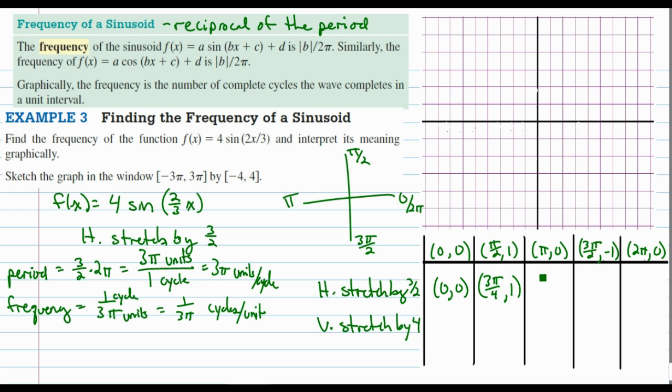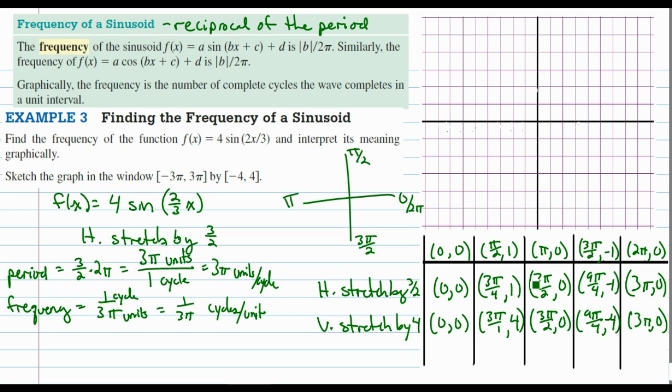This one is 3 pi over 2, comma 0 still. 3 pi over 2 times 3 over 2 is 9 pi over 4. This is getting weird. And then 2 pi times 3/2, oh, that's better. The 2's cancel, so that's just 3 pi, comma 0. Now I have to vertically stretch each of those by 4. That's the easy one: I just multiply the y-coordinates by 4. So now I have all of the new points on my transformed graph.